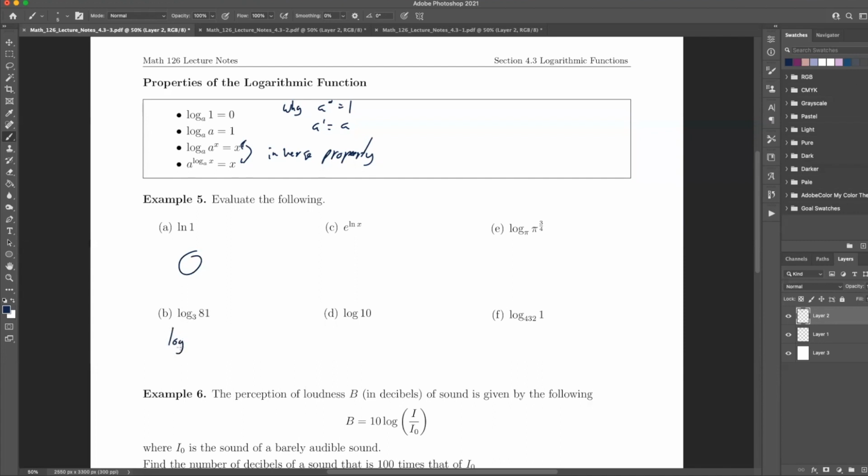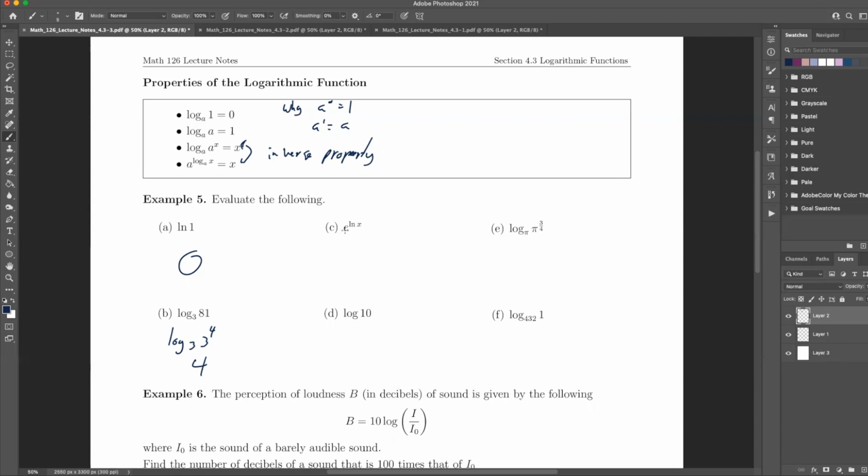Well, I write 81 as 3 to the fourth power. So now I can use this property to say this is 4. I rewrite 81 as base 3 to some power, and that's technically how you evaluate a log.